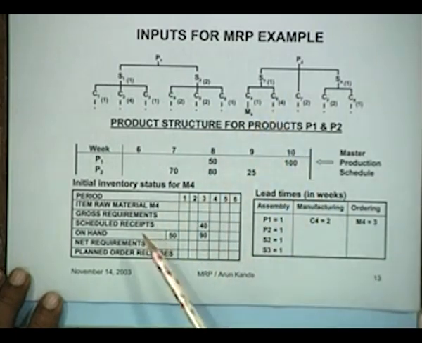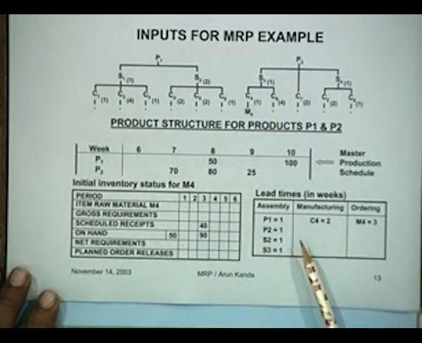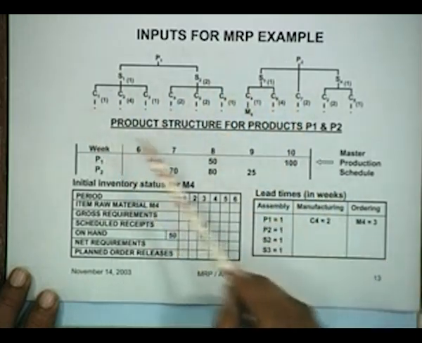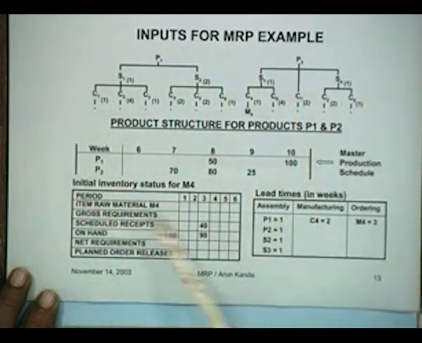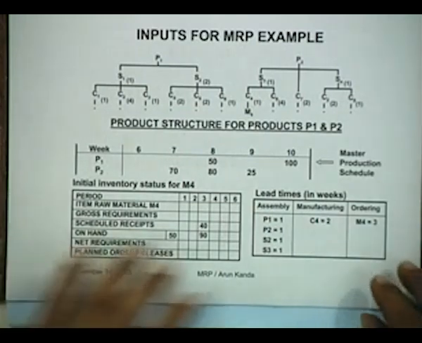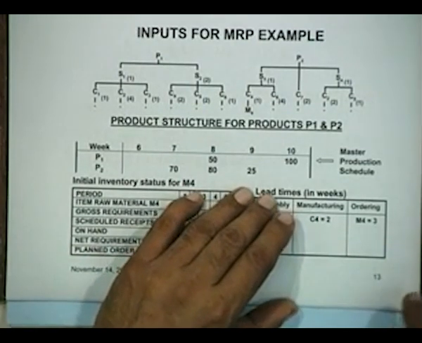So this encapsulates the information pertaining to the product structure, the master production schedule and the inventory status for all the items. Okay, so this is the input. We have now developed the input for our example, and let's see how exactly we would develop the detailed requirements for the various parts.